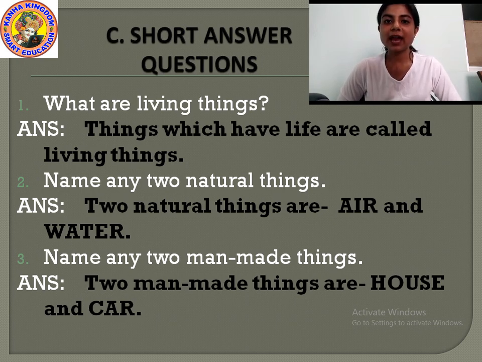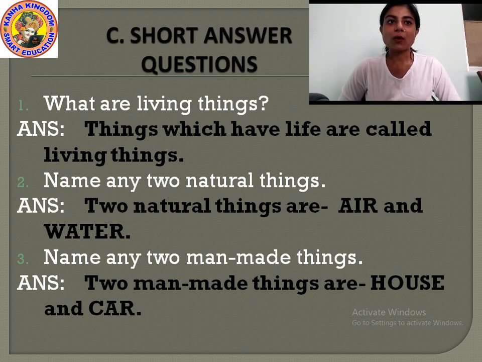Question number 2. Name any two natural things. Answer. Two natural things are air and water.